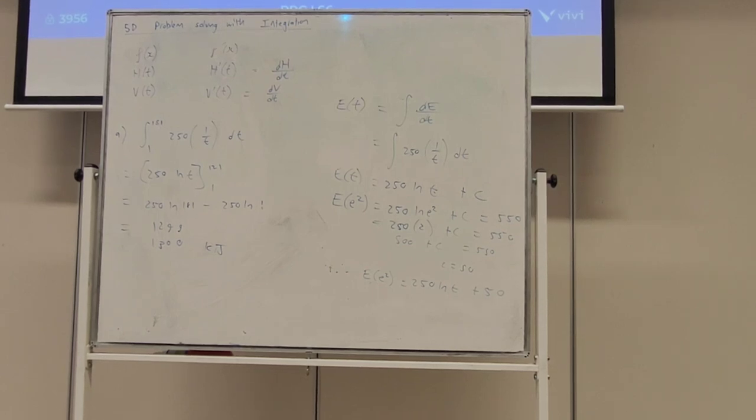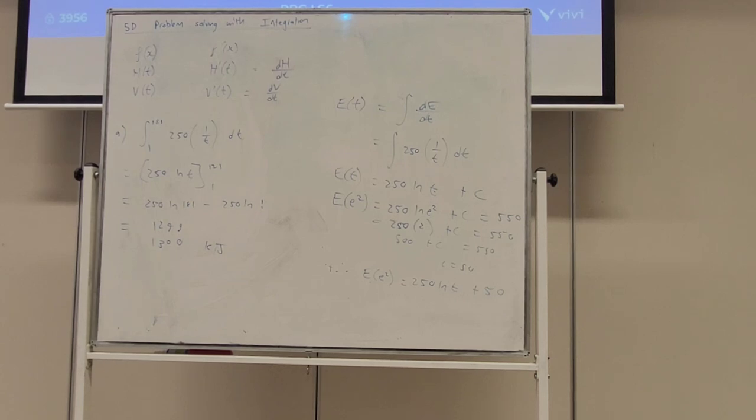So graph the function there, 220 t e to the minus 0.4 t. We're in PRC 6. Share screen.